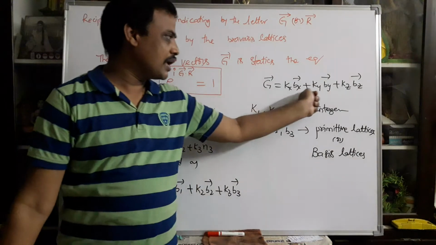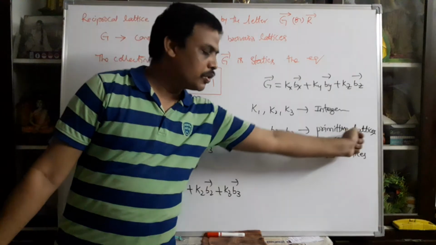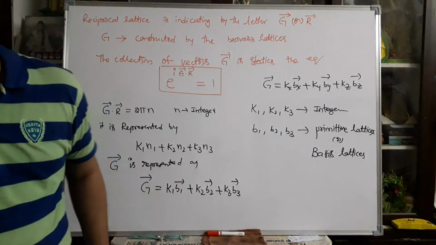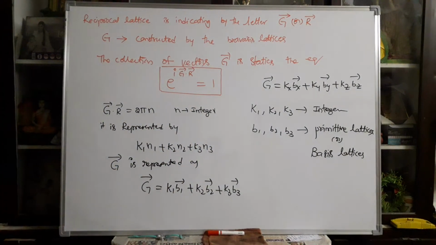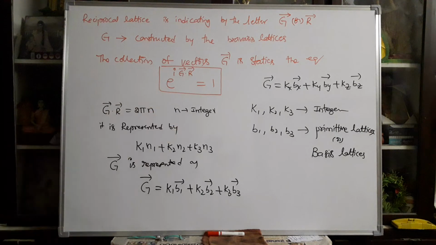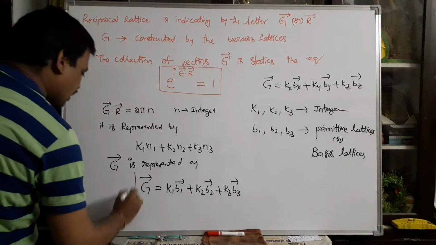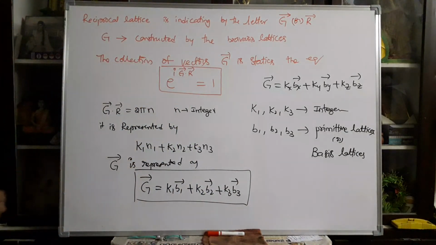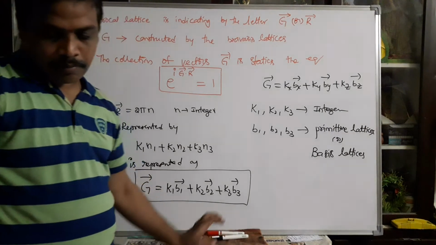Sometimes bx, by, bz are the primitive lattices along the crystallographic axes x, y, z. In this way we represent the primitive lattices. This is the representation of a reciprocal lattice: capital G bar is equal to k1 b1 bar plus k2 b2 bar plus k3 b3 bar.